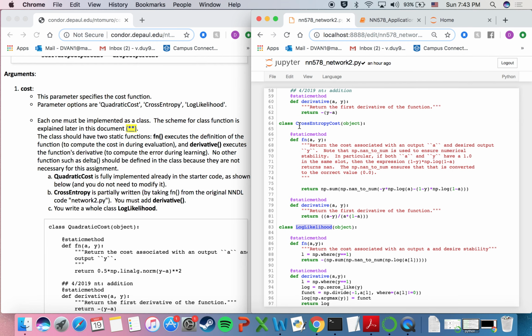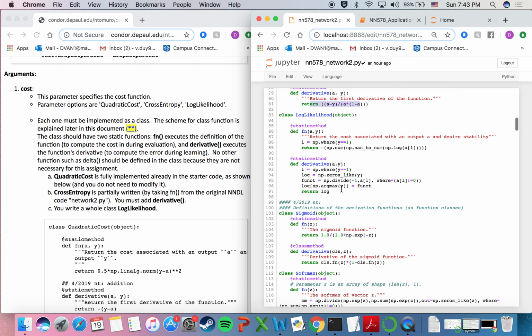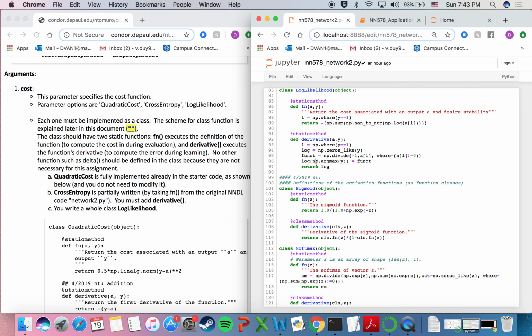So here is the cross entropy with the function and the derivative. Log likelihood, one thing special about it is the zero value, so I have to work along with it. So I got the function of the log likelihood and the derivative.